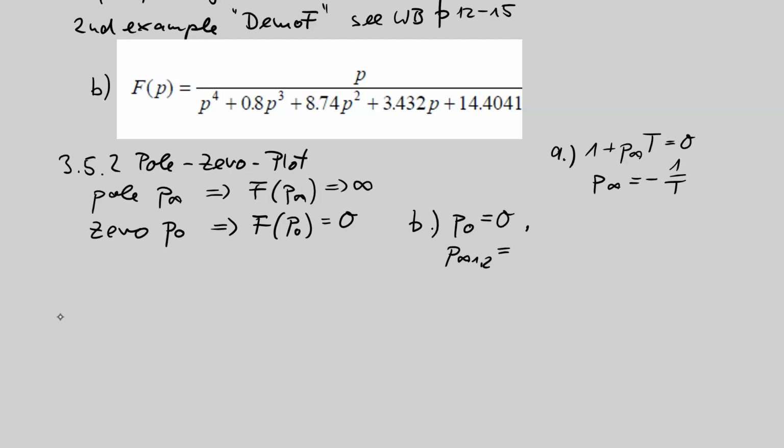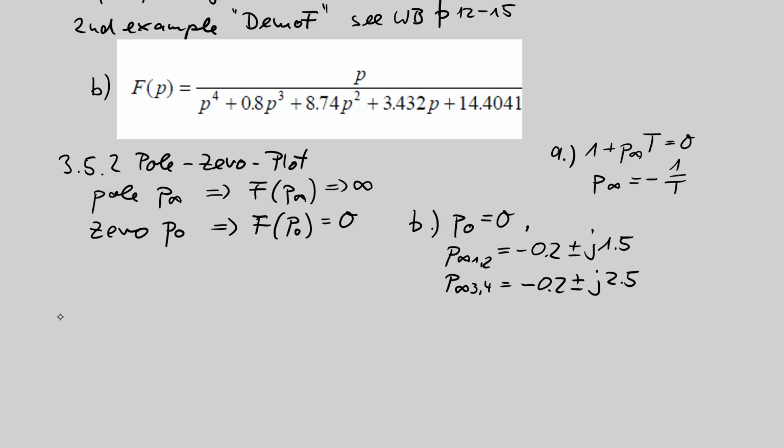P infinity 1 and 2 are negative 0.2, real part, plus and minus j 1.5, and the other poles, a complex pole pair 3, 4, has the same real part, but the imaginary part is 2.5. If you solve this equation set to 0, these are the 4 zeros, so we call these poles of the function because this is a polynomial function in the denominator.